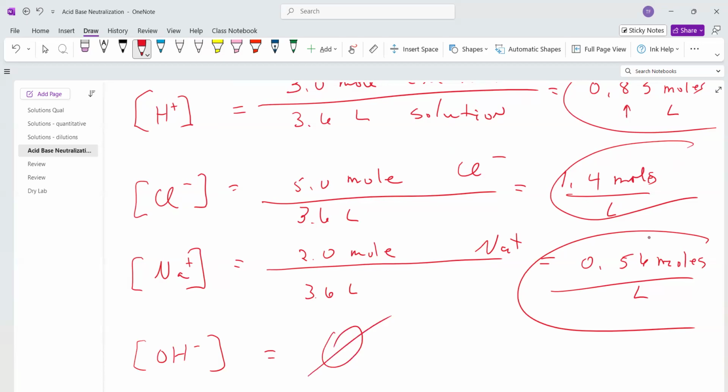This is like limiting reactant. But what's limiting the production of water in this situation is hydroxide, or sodium hydroxide in this case. This is about as complicated as we're going to get for acid-base solution calculations.